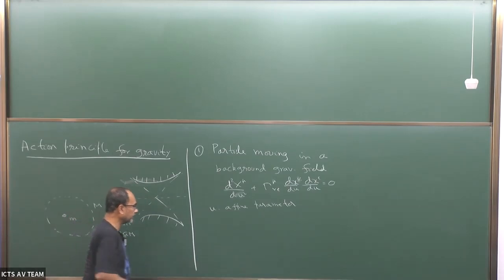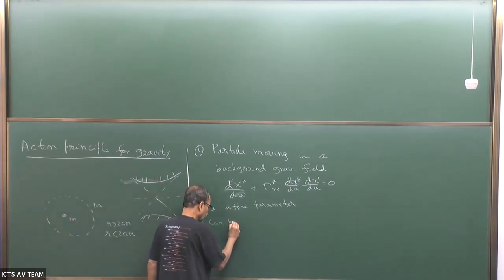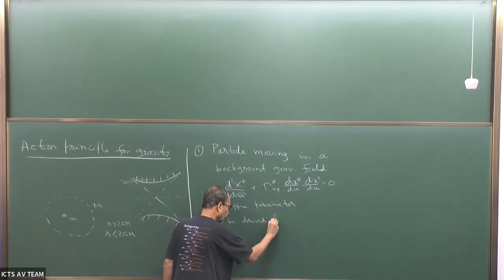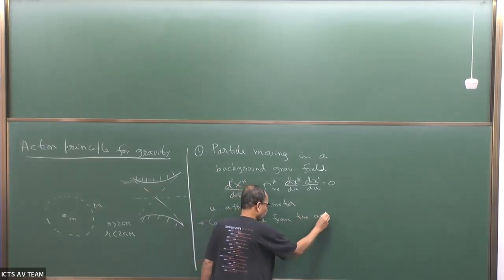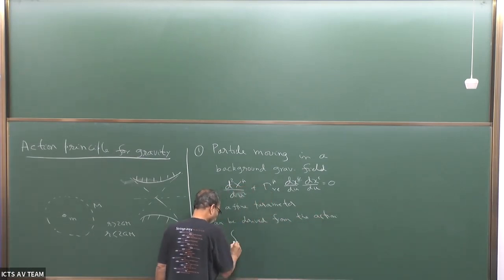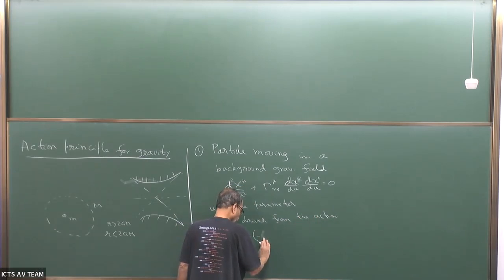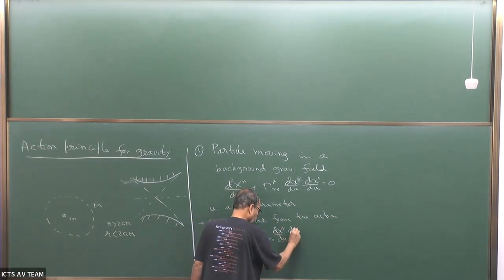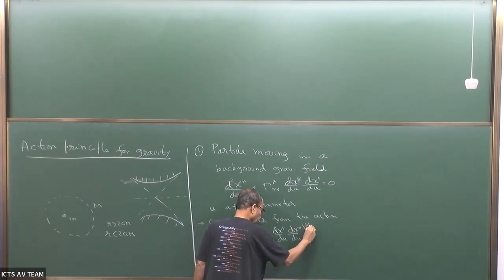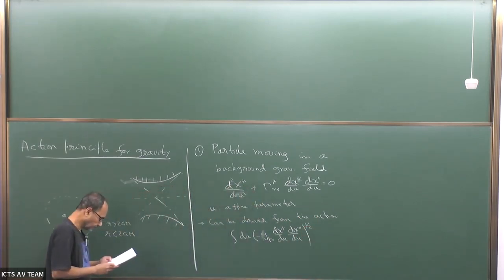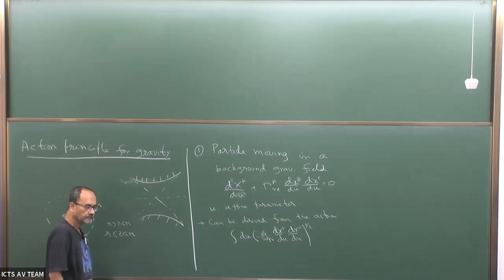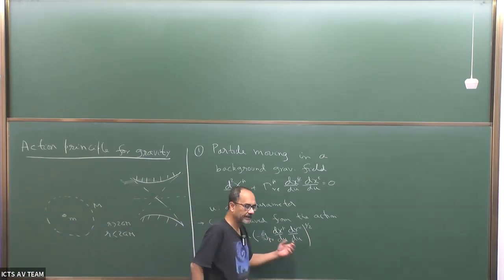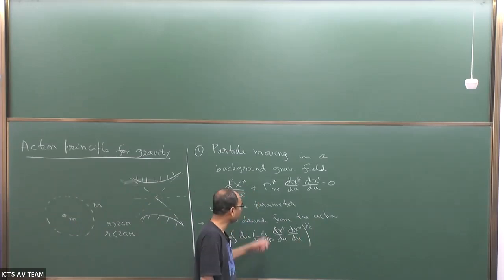So the corresponding action can be derived from the action. Okay, if you vary this, take some arbitrary time-like trajectory and then vary by an infinitesimal amount and demand that the first variation is 0, then you get this condition.